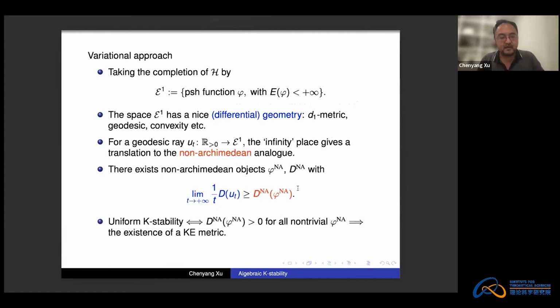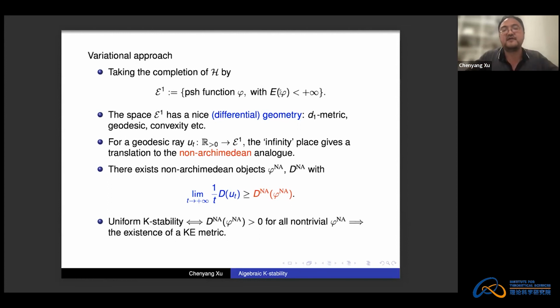Now I want to discuss a little bit about this variational approach, which was initiated by Berman-Boucksom-Jonsson and later completed by Li and Tian-Li. Now, instead of taking the Sobolev space to complete the space of functions phi, you actually take the space of pluripotential harmonic functions, with the condition that the energy is finite.